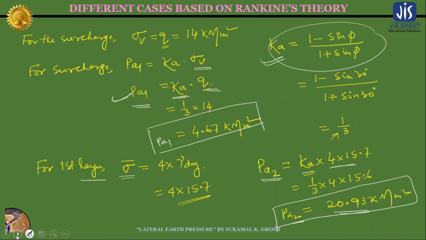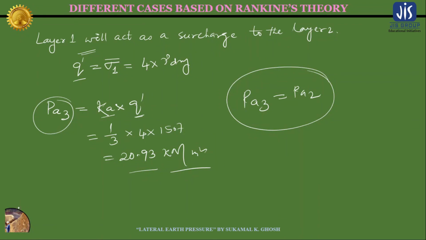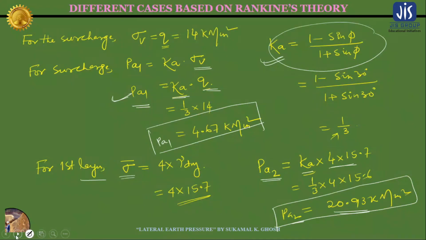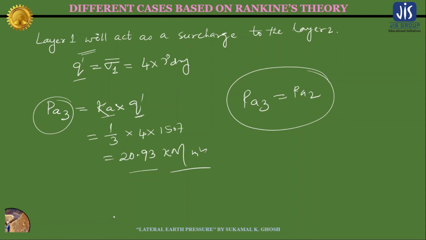We also discussed that layer 1, this layer of 4 meter, acts as a surcharge on the second layer, the layer of 6 meter. For this case the active earth pressure is PA3, and we calculated it as 20.93 kilonewton per meter square.